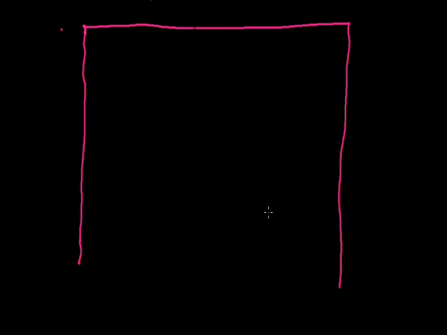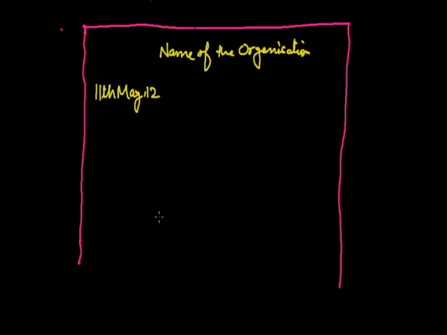Afterwards, we'll draw the last line and make the box. The name of the organization should be written in the center of the page. Then we'll write the date. Today is 11th May. We should write the date like this, not in another style like 11, 5, 12.